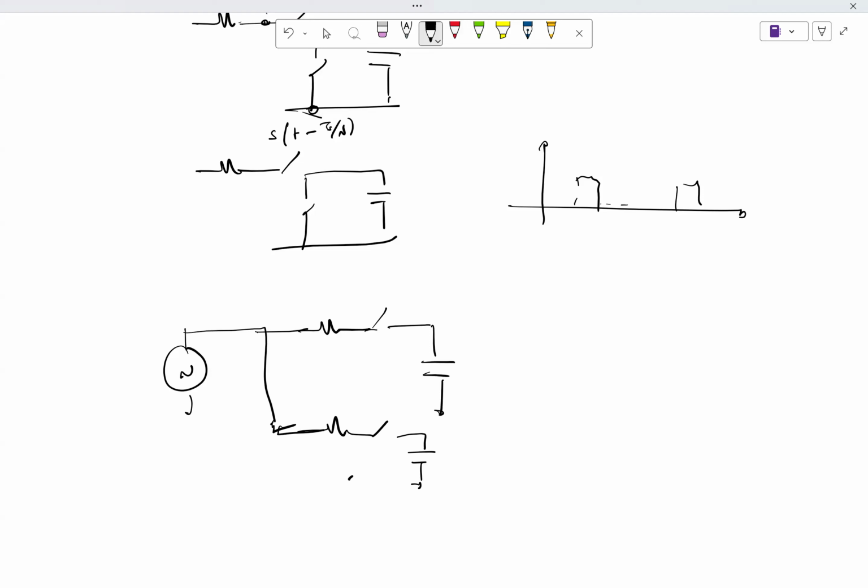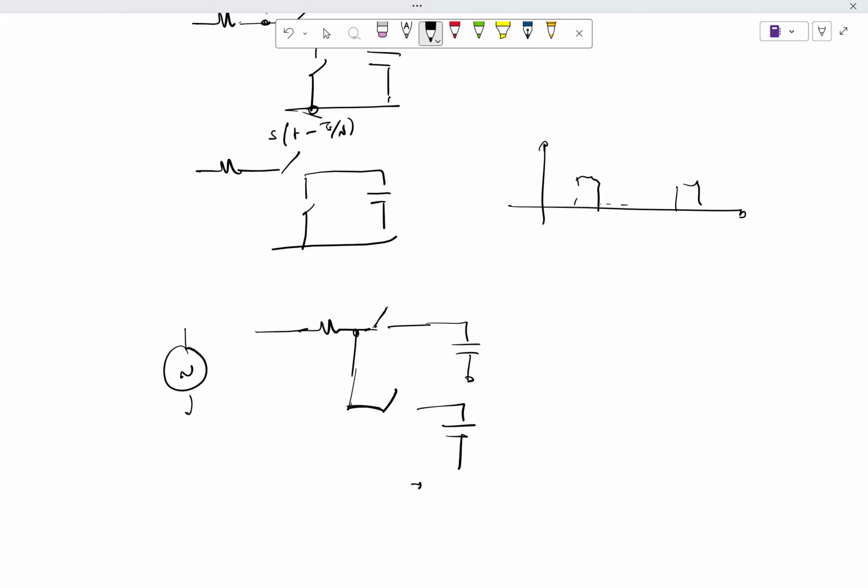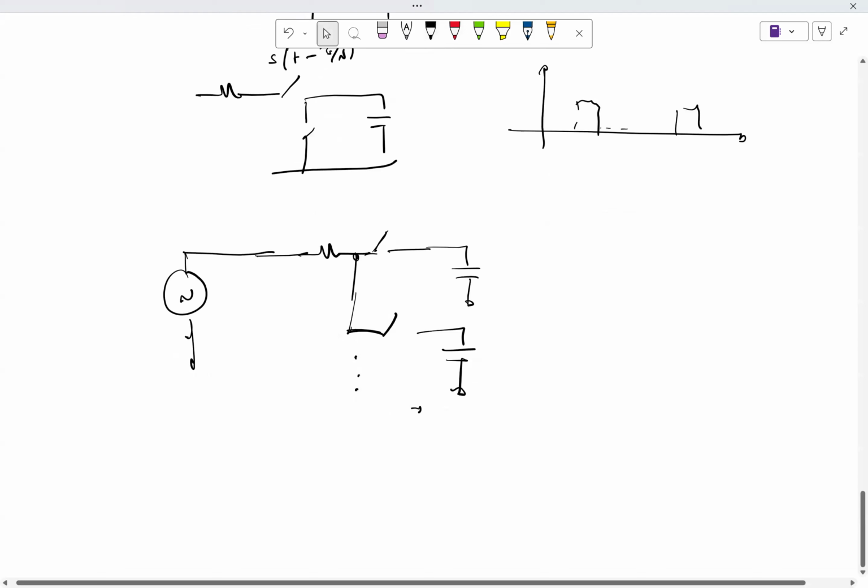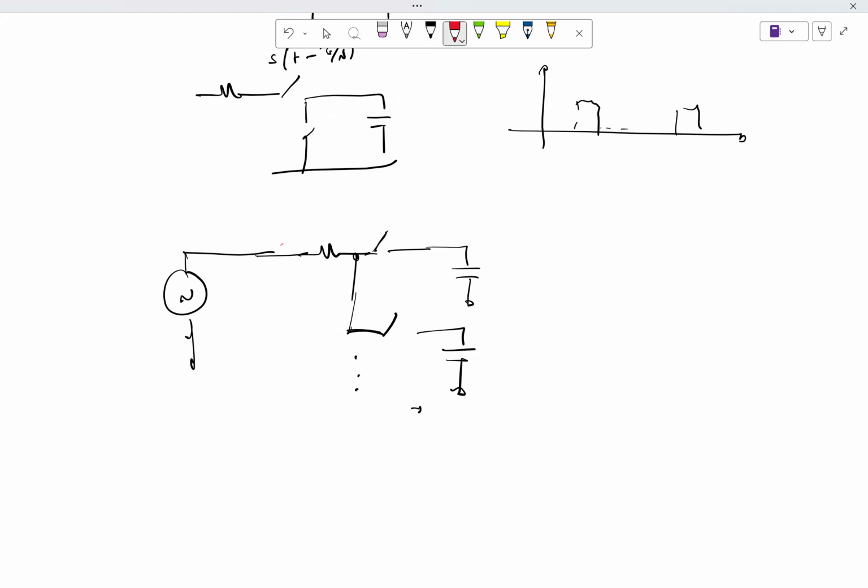And I am interested in, sorry. Does it make sense? Because in one path, in one phase, you are having this discharging, in another phase you are having discharging.